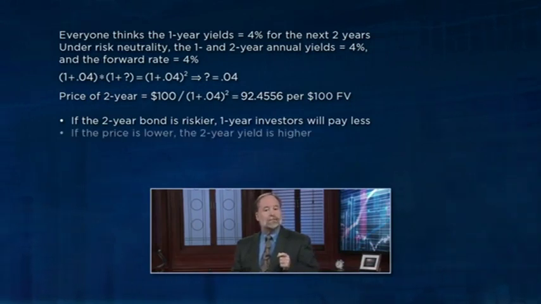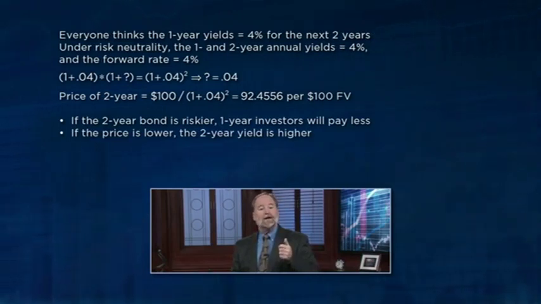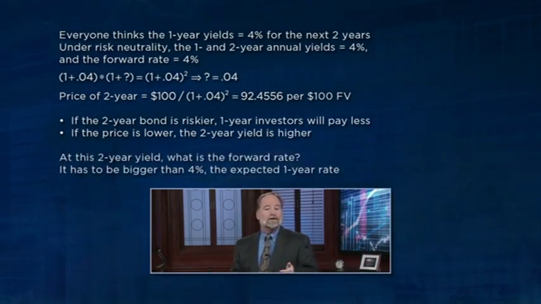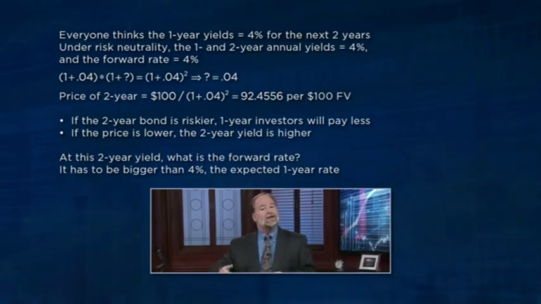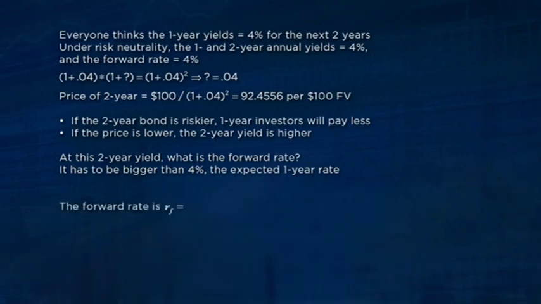$92.4556. If the price is lower, then the 2-year yield is higher, say it rises to 4% plus 0.25%. At this 2-year yield, what is the forward rate? It has to be bigger than 4%, the expected 1-year rate next year. In fact, the forward rate in this case is equal to what?